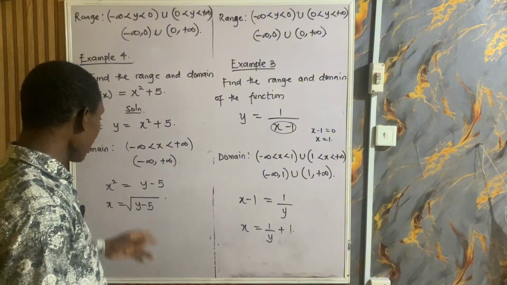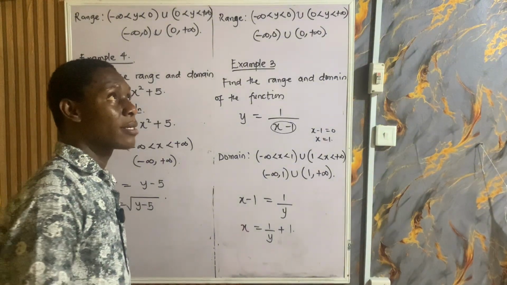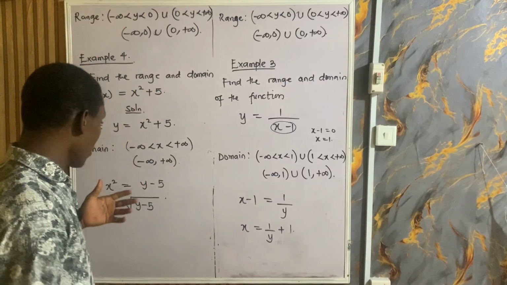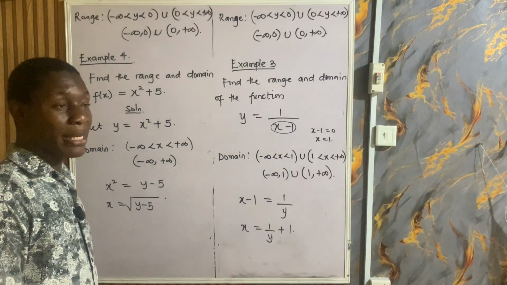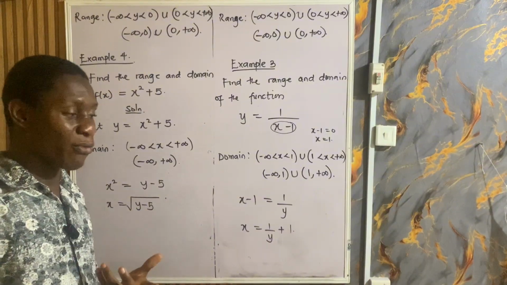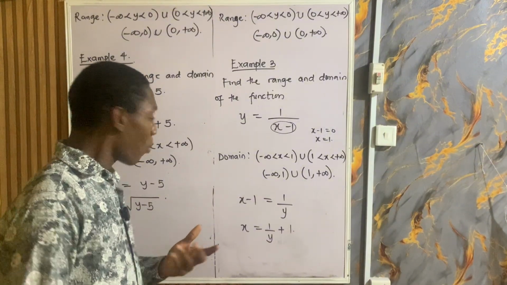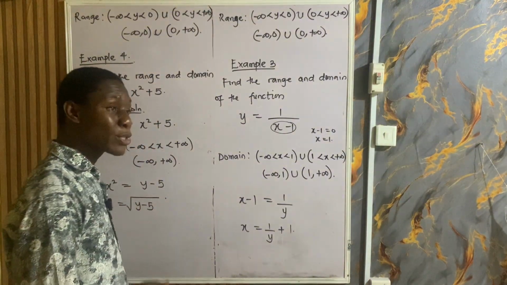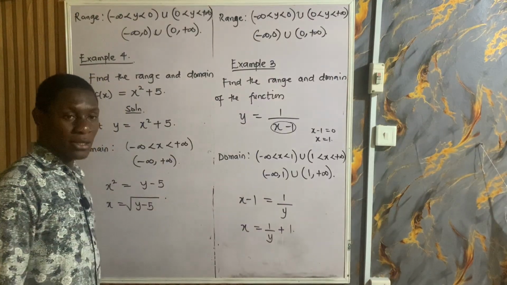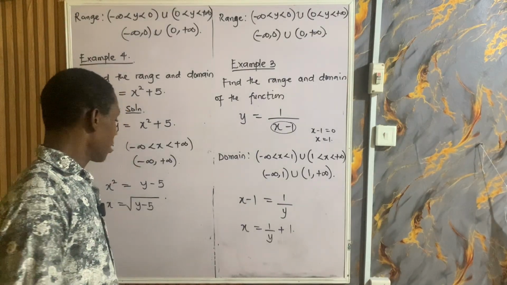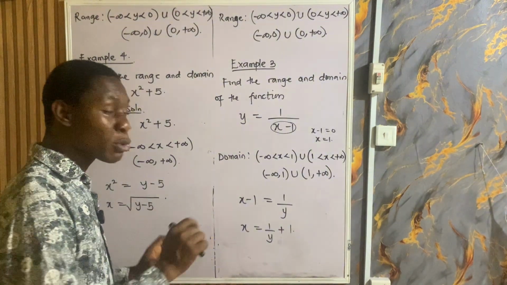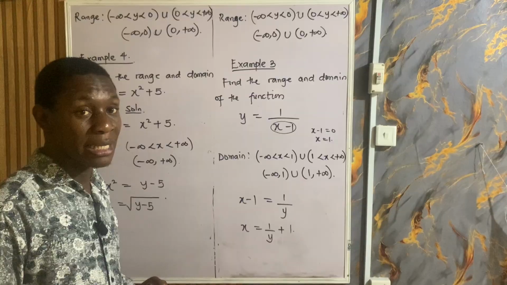Now, having this, I'm going to ask myself, are there values that y would take that we wouldn't have an answer for? Remember when we have a square root function, whatever is inside the square root must not be negative. Now listen, if you use y as 0 here, what happens? 0 minus 5 will give me root of minus 5. Because it becomes root of minus 5, you won't have an answer.